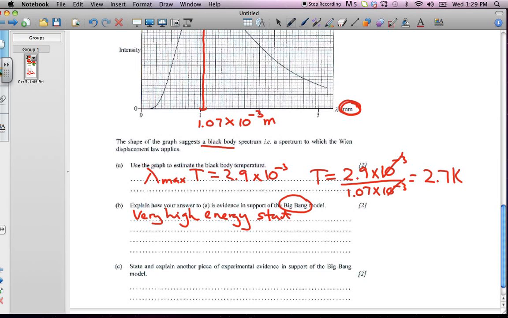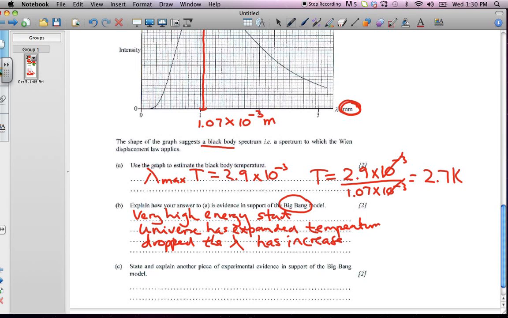So what's happened is that as the universe has expanded, the temperature has dropped, and the wavelength of the radiation has increased. It's stretched as the universe has stretched out.